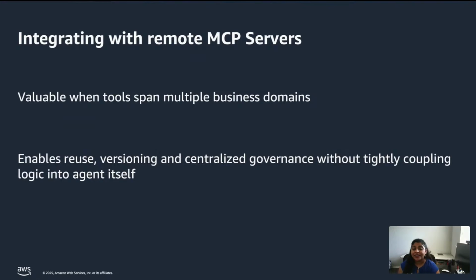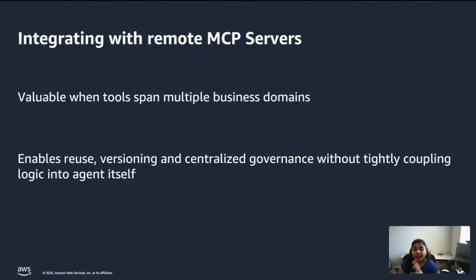And here's why it's brilliant. Imagine your company: a typical company will have an HR team building employee management tools, a finance team with budgeting tools, and an IT team with system monitoring tools. With MCP, each team can build and update their own tools independently, while any AI agent in the company can use all of them through a standard connection.